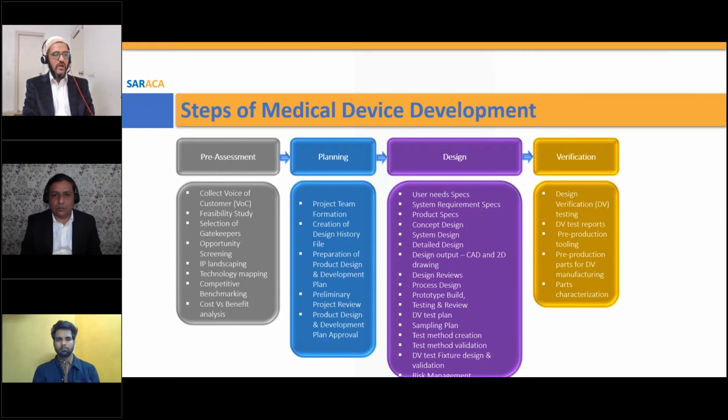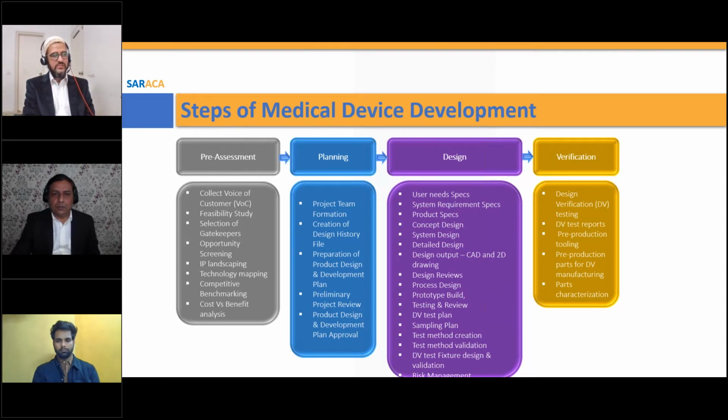For example, if you talk about the length of a certain dimension in your product, for example, the length of a certain cannula, for that particular thing you'll need to have what equipment you'll use, what sampling plan you'll have, and what the acceptance criteria are. So all this will be listed in your test method. According to that test method protocol, you will test all your specifications, and then you'll compile the DV test report.